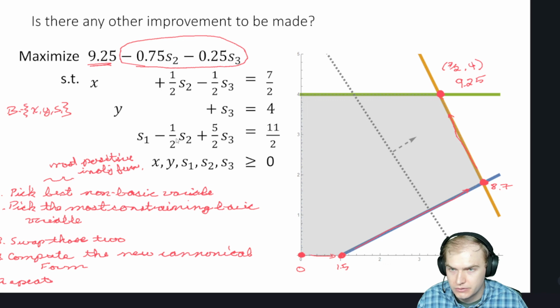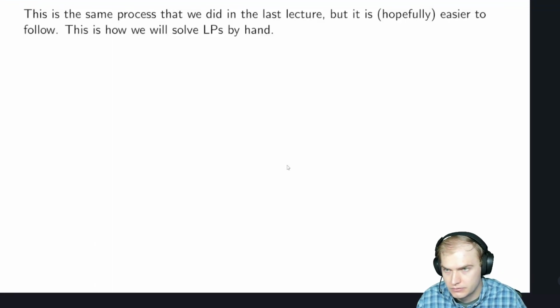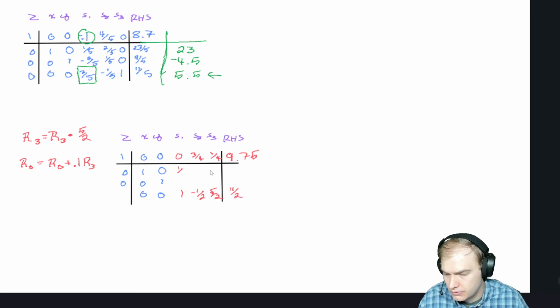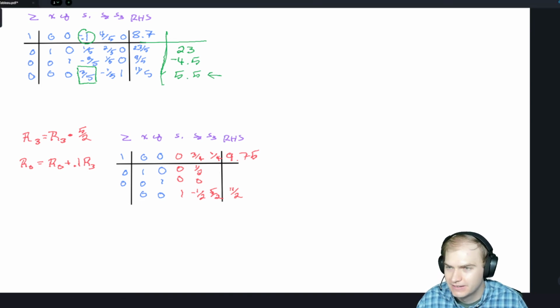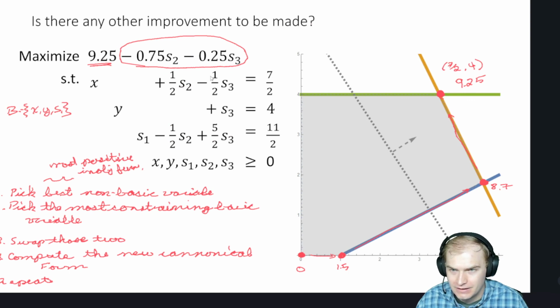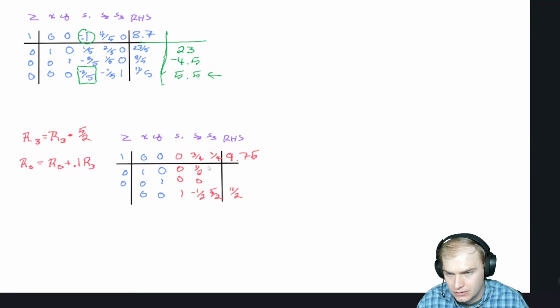And 1/2, 0, negative 1/2. Negative 1/2, 1, 5/2. 0 and 0. 1/2, 0, negative 1/2. Negative 1/2, 1. 7/2, 4.